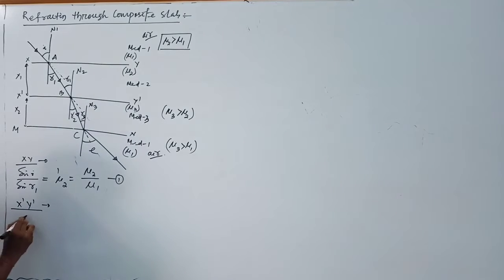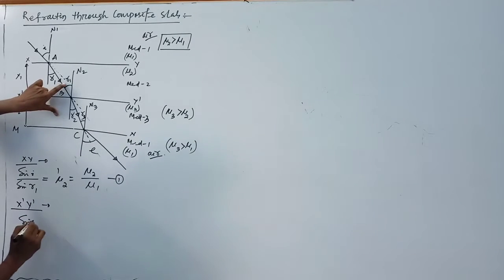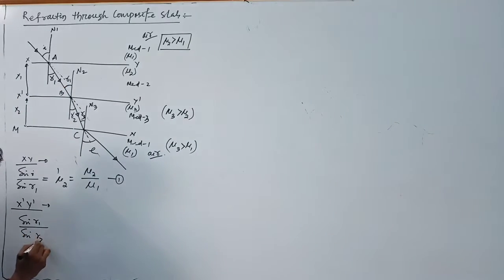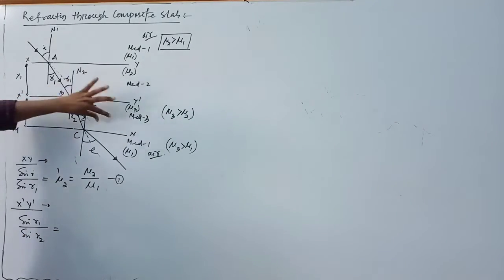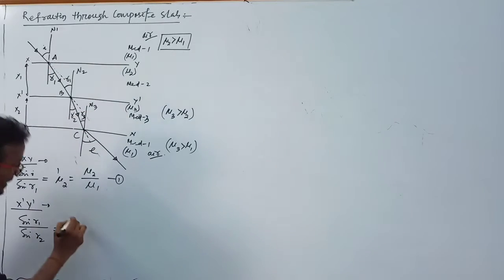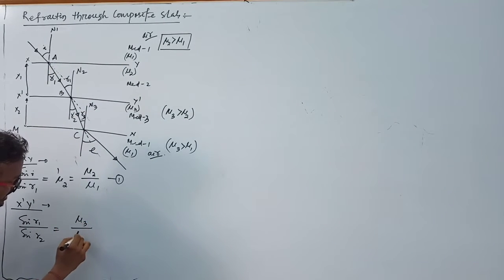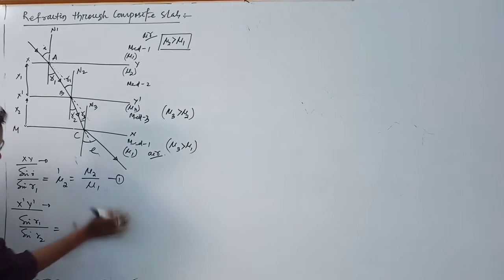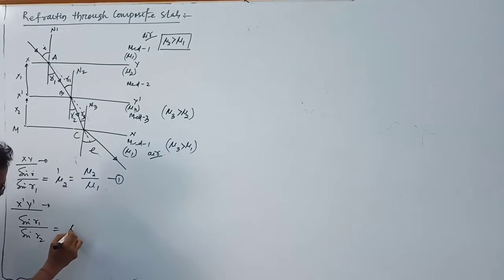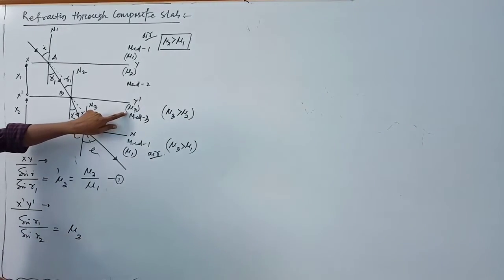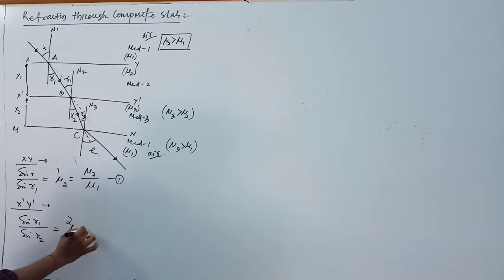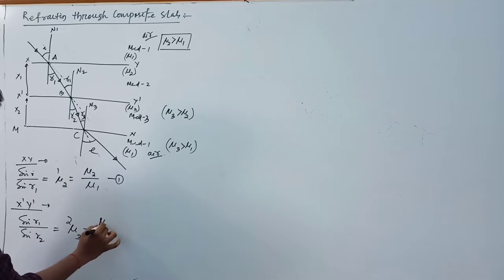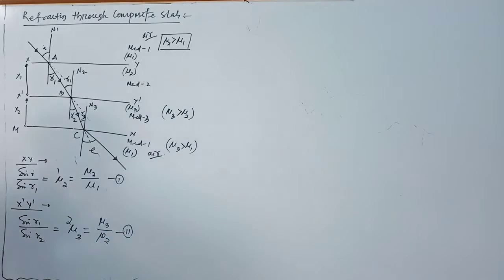If we use Snell's law here, sine of the angle of incidence, which is R1, divided by sine of the angle of refraction, that is R2, equals the refractive index of mu3 with respect to mu2. Clear? Or you can write it as the relative refractive index of the second medium, here mu3, and the first medium, mu2, that is mu3 divided by mu2, equation number 2.